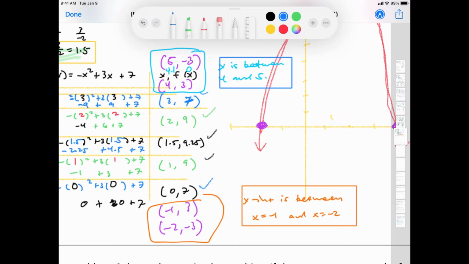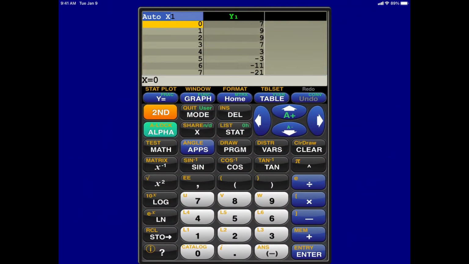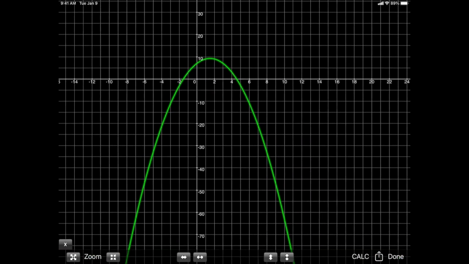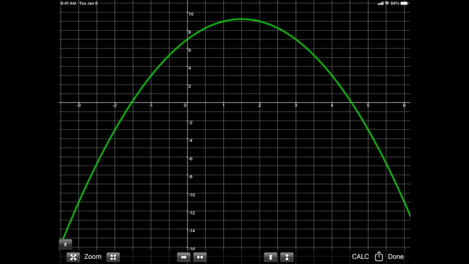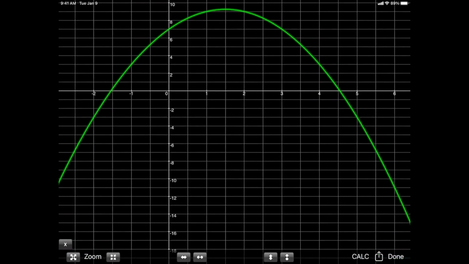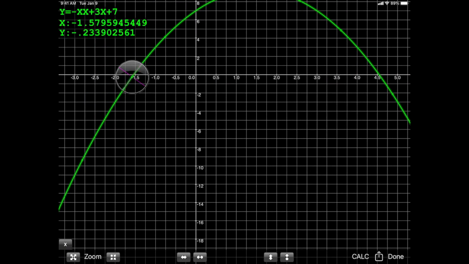And I can even tell you what that exact answer is using my graphing calculator. So press graph. Play around with it if you want. Okay, so watch that. Do you see it? I saw decimals. Did you guys see decimals? Yeah, decimals. This, as I go here, is between -1 and -2 on the x-axis.